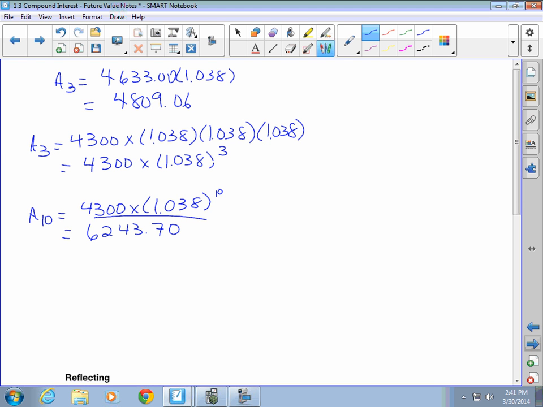So really what we've done there is we've taken our principal, so A is still our future value. What we've done here to find our future value is we've taken our principal and we've multiplied it. So P is your initial investment or your principal.